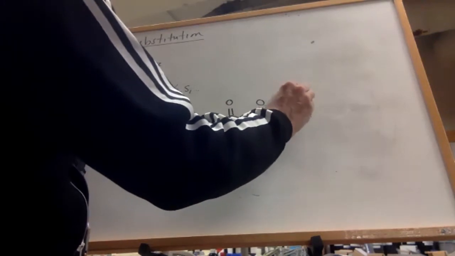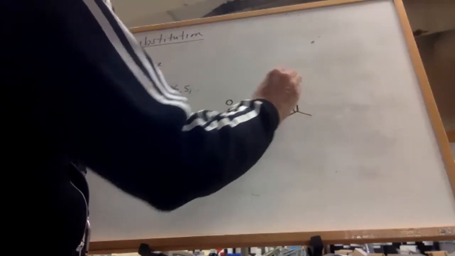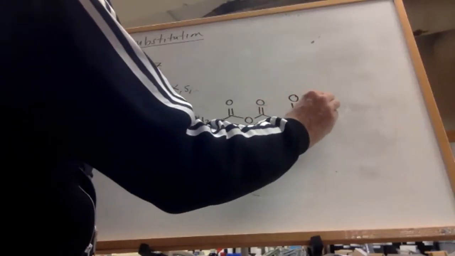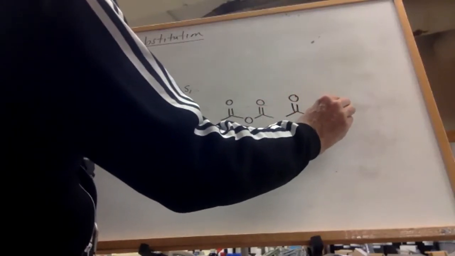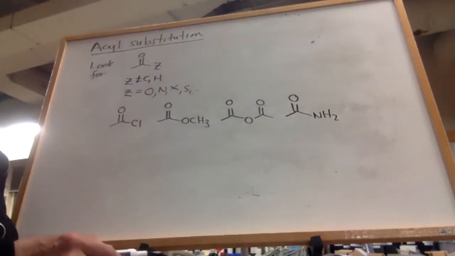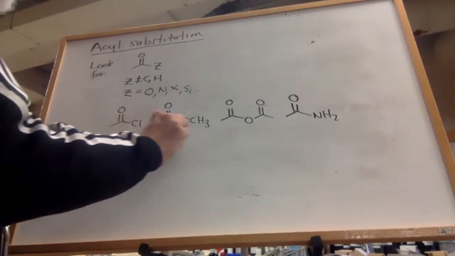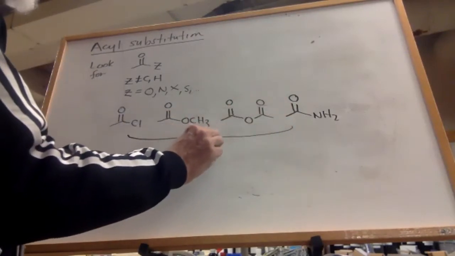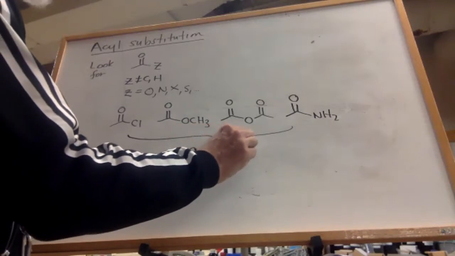Another concrete example of a molecule that undergoes acyl substitution could be an amide. Once again, there's a carbonyl carbon that's bonded to something that is not carbon and not hydrogen. Collectively, all of these are called acyl derivatives.